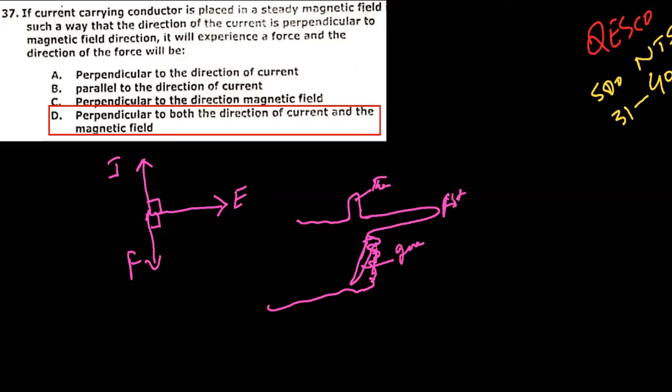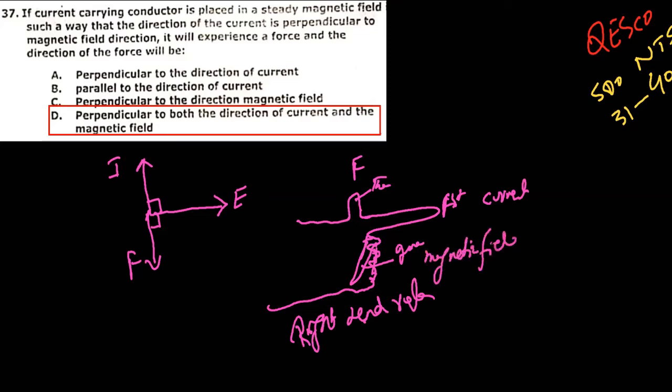This will be your force. This is the right hand rule. So this will be your force, this will be your current, and this will be your magnetic field. All these three are perpendicular to each other. Okay, next question.